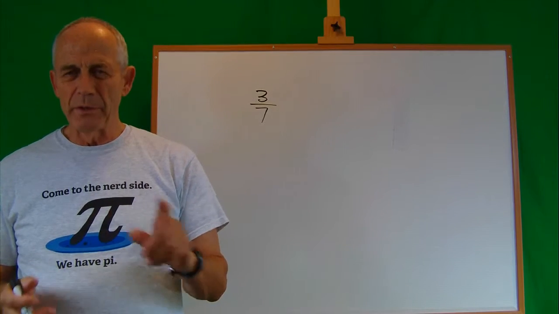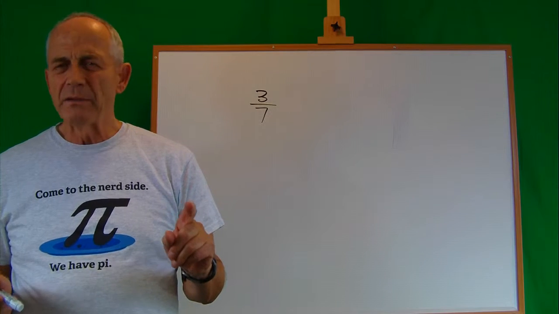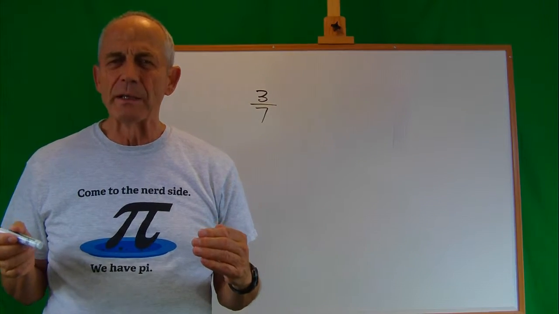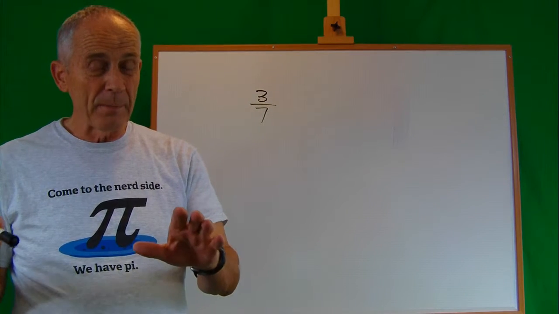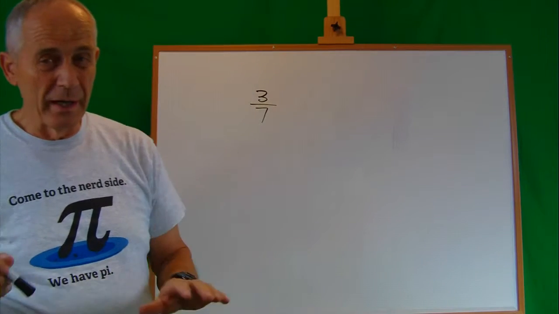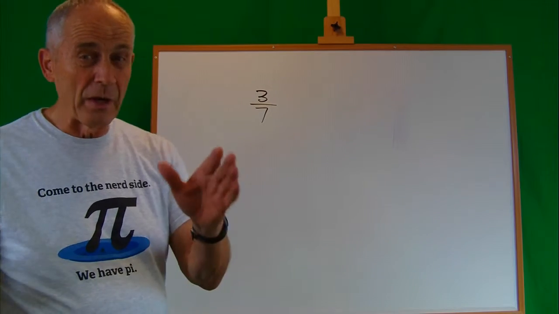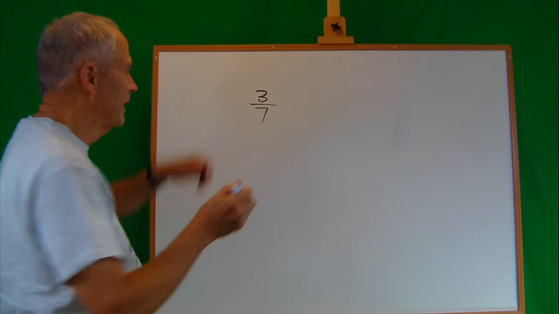So let's look at a picture of it and see if, based on that picture, we can get a clearer idea of what we're talking about when we talk about fractions. Now, you're going to have to excuse me and use your imagination a little bit. I'm not really good at drawing, but I'm going to try and draw a picture that will sort of look like what we're talking about here.